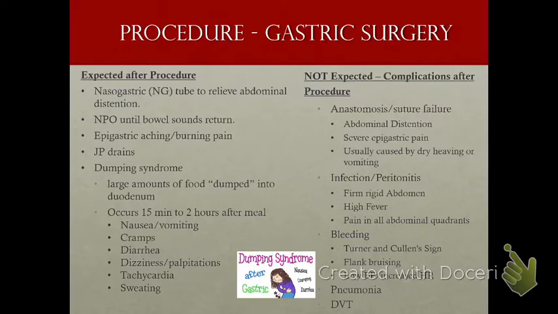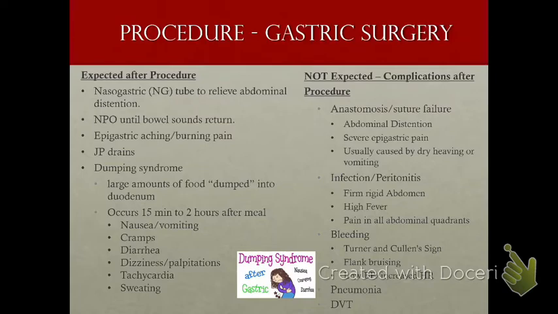You're stimulating that vagal nerve, which is going to cause everything to move a little bit faster. Dizziness, palpitations is just from the nerve innervation sending signals to the brain. You actually end up with tachycardia and sweating as well. It is just the sign that the duodenum is being badly controlled, that everything from the stomach is dumping into the duodenum, and the duodenum can't handle it. The stomach's designed to swell, the duodenum is not.